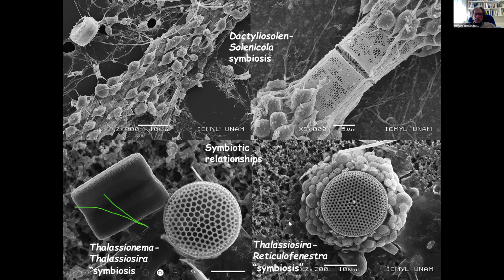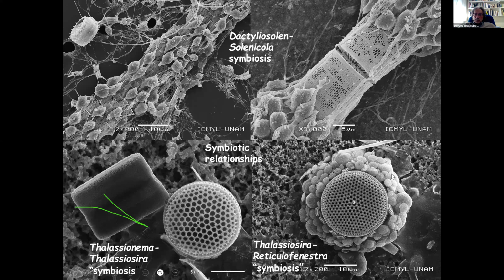The other symbiotic relationship is Thalassiosira with Reticulofenestra, which is a coccolithophorid. So this coccolithophorid is attached to the girdle bands in Thalassiosira punctifera. So we don't know what is the real association between these two species.